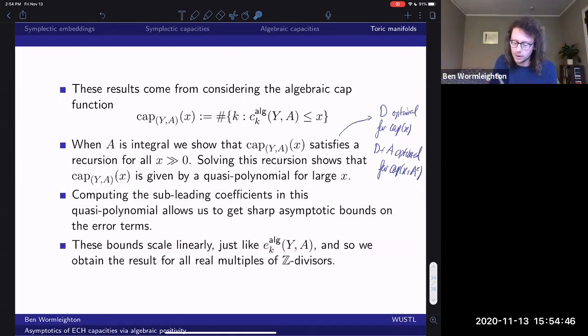Okay, and I'll just observe that the place where I was using A as integral is that D plus A can't be optimal for this optimization problem if A is not a lattice polytope, or if A is not a Z divisor, because remember this optimization problem was over Z divisors. And so that's where I used that A was a Z divisor.